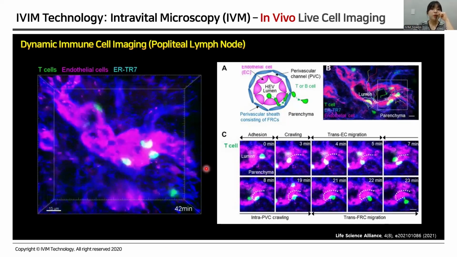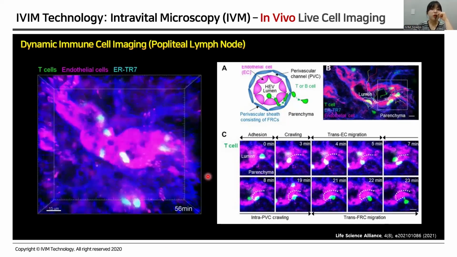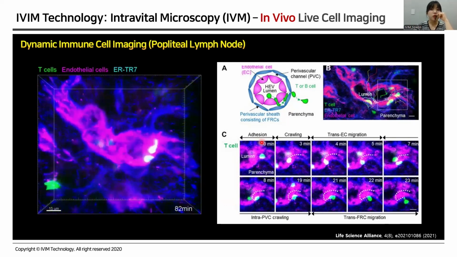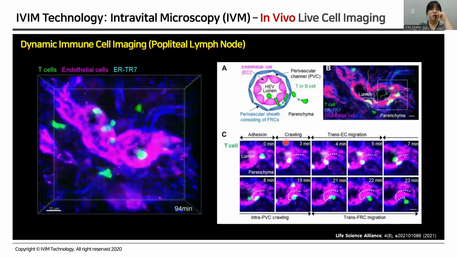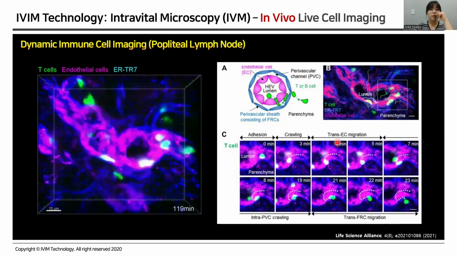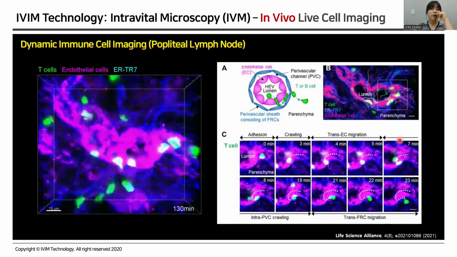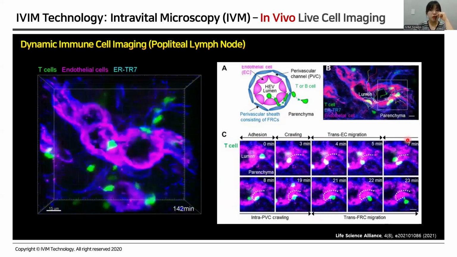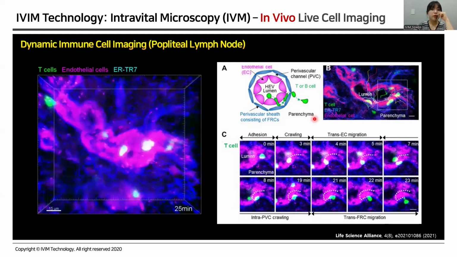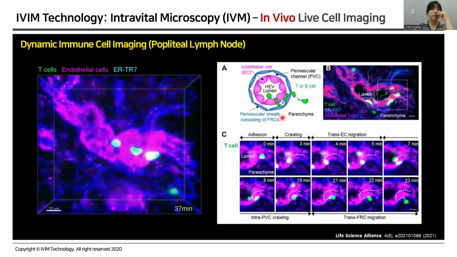With this setup, we could clearly follow each stage of immune cell migration, from adhesion inside the blood vessel to crawling along the lumen, crossing the endothelium, moving through the perivascular channel, which is PVC, passing the FRC network, and finally entering the lymph node parenchyma.